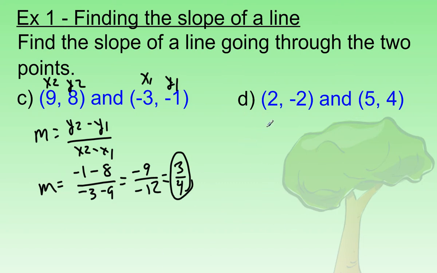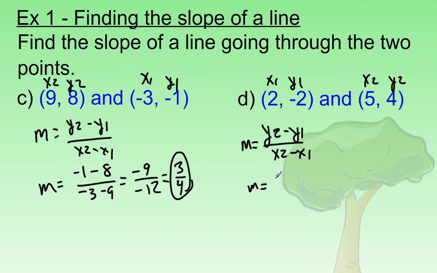Letter D, m equals y2 minus y1 over x2 minus x1. All right, and so x1, y1, x2, y2. 4 minus negative 2, 5 minus 2.